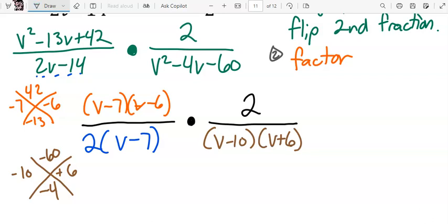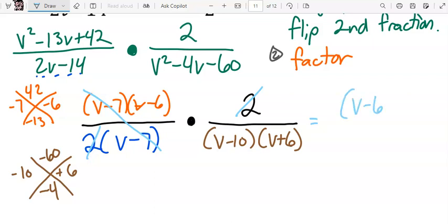From here, let's see what cancels. There's a 2 in the numerator, 2 in the denominator, they're gone. V minus 7s, they go away. V minus 6 and V plus 6 are not the same, so we're going to leave those alone. And then you just rewrite it again.